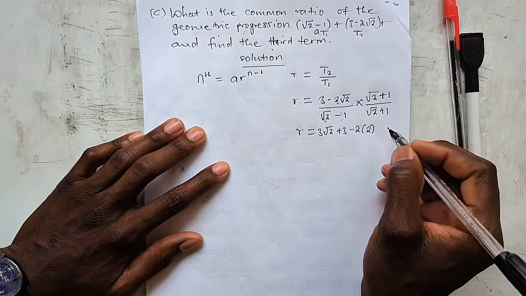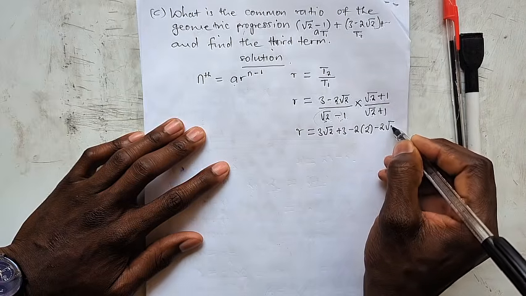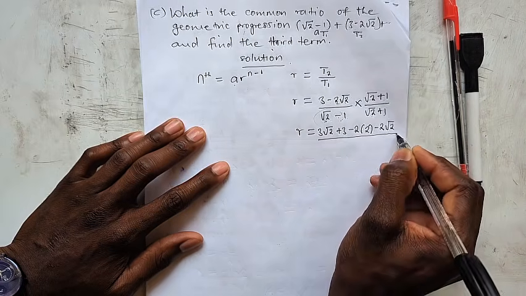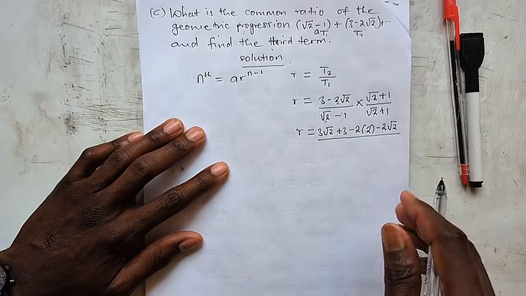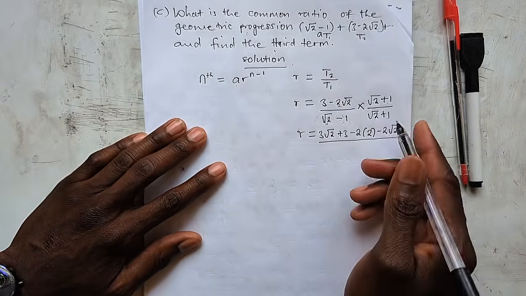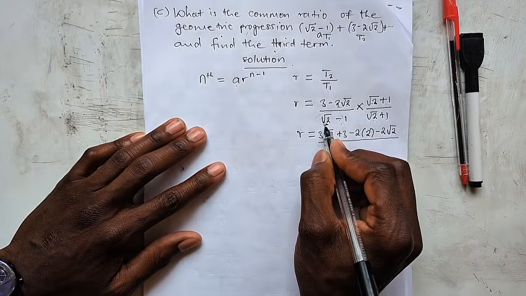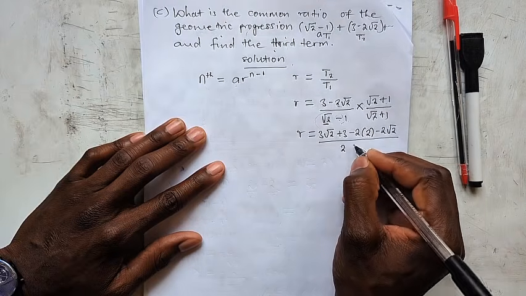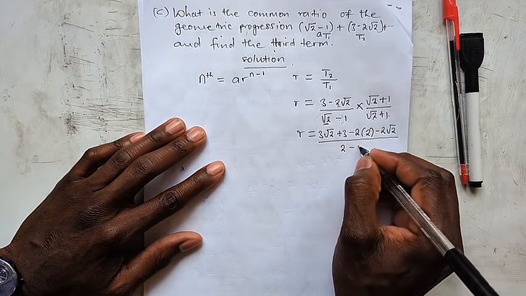Negative 2 square root of 2 multiplied by square root of 2 will be negative 2 times 2, which is negative 4, and negative 2 square root of 2 multiplied by 1 is negative 2 square root of 2. Over, when you're multiplying the original number by its conjugate, this multiplied by that will be 2, and the other terms will give minus 1.